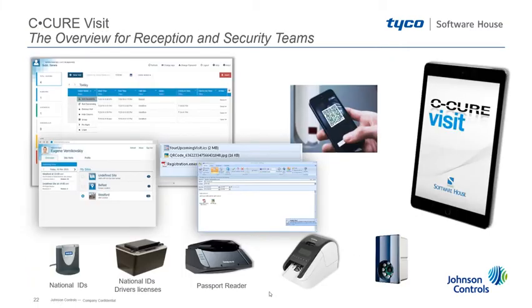Here's a quick look at some of the peripheral items that you get with the VMS, especially the enhanced visitor management solution. You'll have the full reception dashboard, which I'll go into with screenshots in more depth. You have our self-service kiosk check-in, which is the iPad on the right-hand side. We also have integration to ID scanners, and there's more launching with 2.9 this summer.